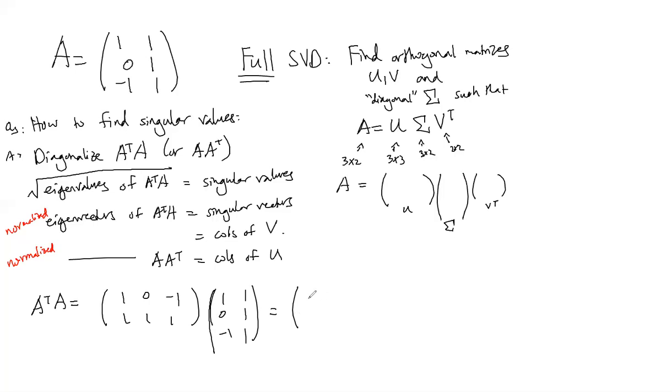So this is 1 plus 1 is 2, 3, and 0 and 0. Okay, that's not that bad. So the eigenvalues are 2 and 3, and eigenvectors are 1, 0, and 0, 1.